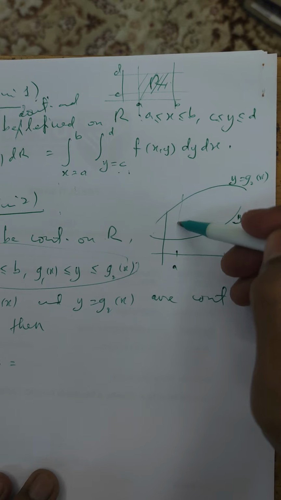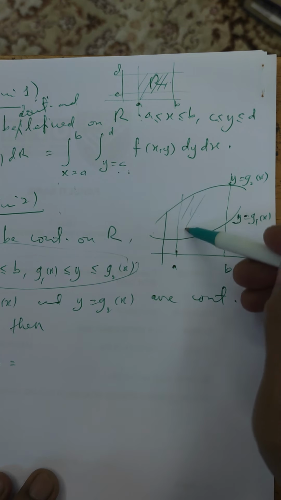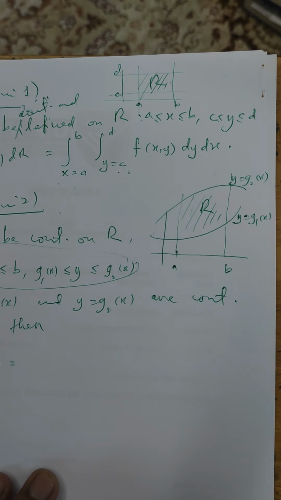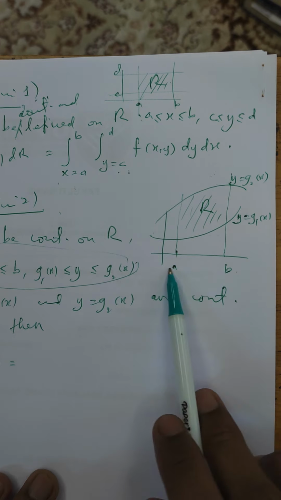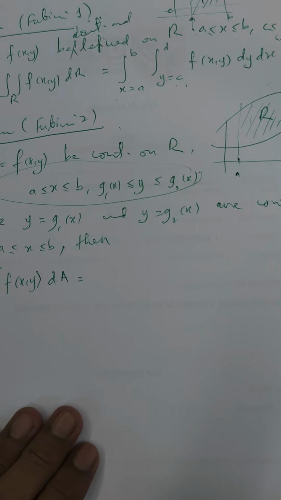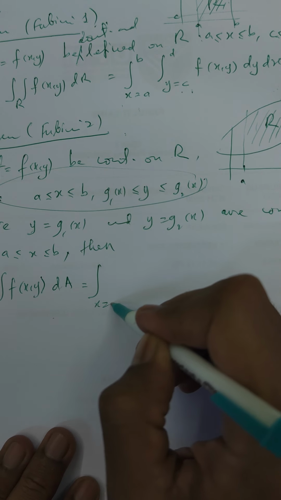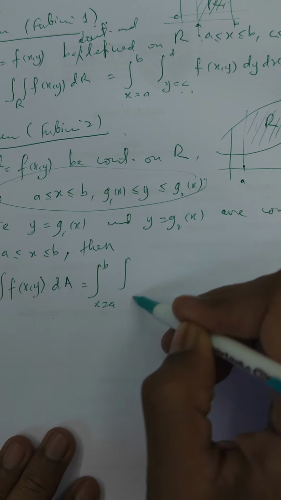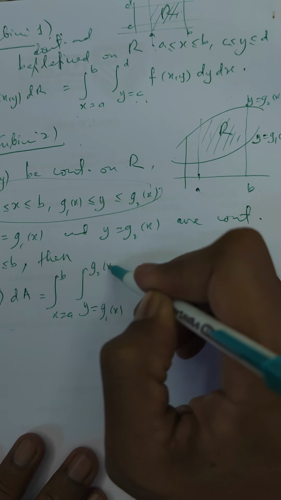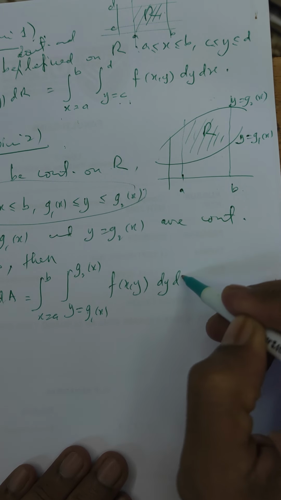So our region R is not rectangular anymore, but in this case a more general region, bounded by curves G1(x) and G2(x) and the straight lines x equal to A and B. So in this case the evaluation of the integral is given as, we integrate x from A to B, y from G1(x) to G2(x), f(x,y) dy dx.